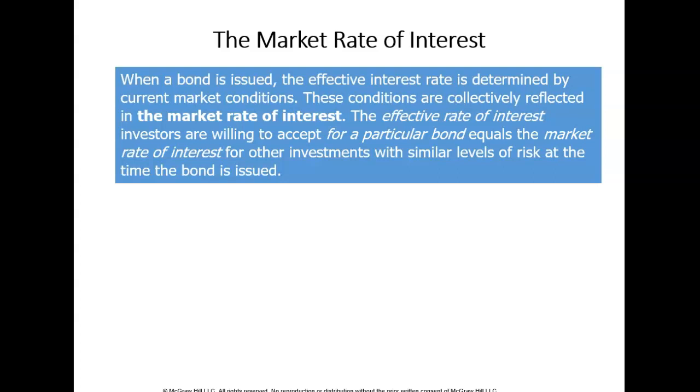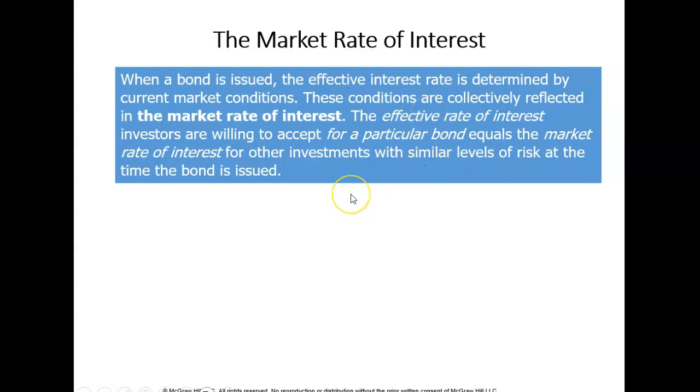That's the stated rate. So your bonds may have been first issued on the 1st of January, but didn't sell until maybe June the 1st. Well, by June the 1st, the market rate is going to be different than what it was back in January. So when your bonds sell on June the 1st, they're going to adjust what's called your interest rate on your bond to determine what is the effective interest rate.